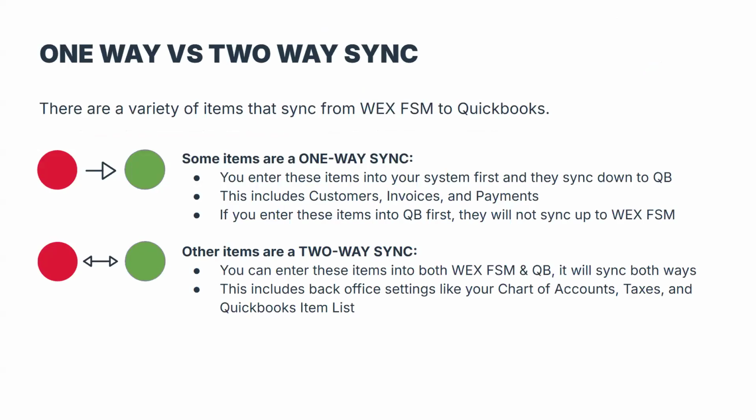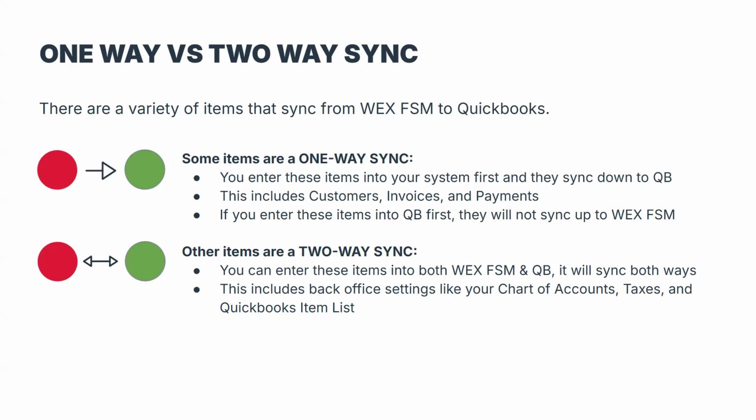So what's the difference? One-way sync versus two-way sync. Some items you will enter into WEX FSM first, and it is a one-way sync from WEX FSM to QuickBooks. These items are your customers, invoices, and payments. Those are the main one-way sync items.